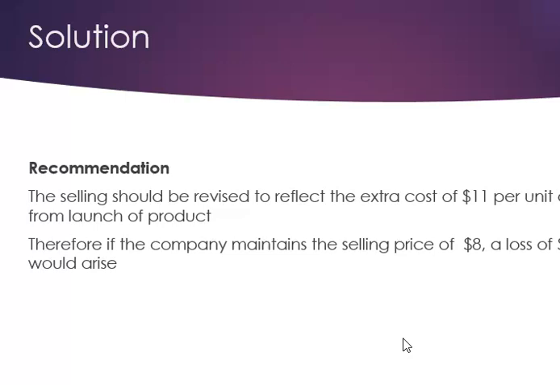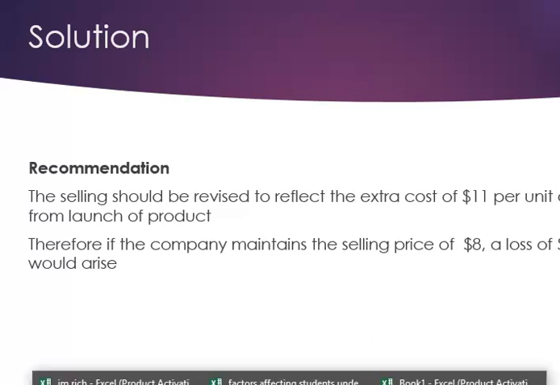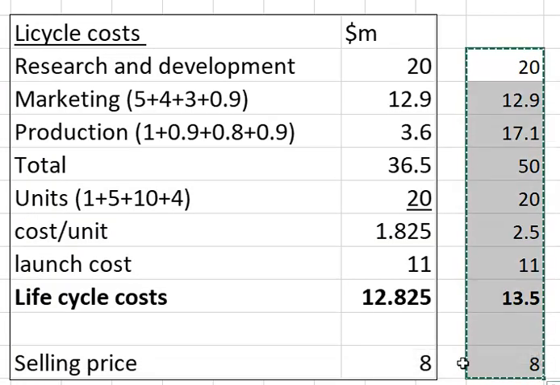So recommendation from the solution, we can say the selling price should be revised to reflect the extra cost of labor per unit arising from the launch of the product. Because before the launch of the product it was okay. So if we go back to the answer, before the launch of the product, the costs I think were 2.5 per unit.